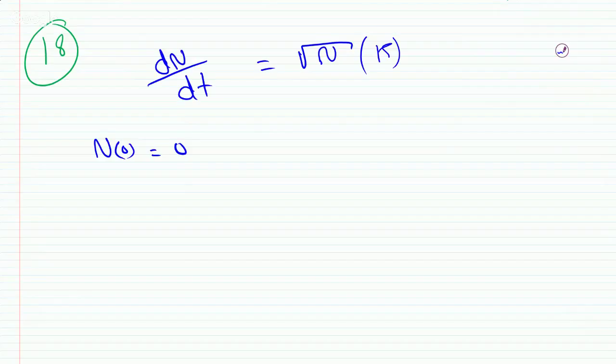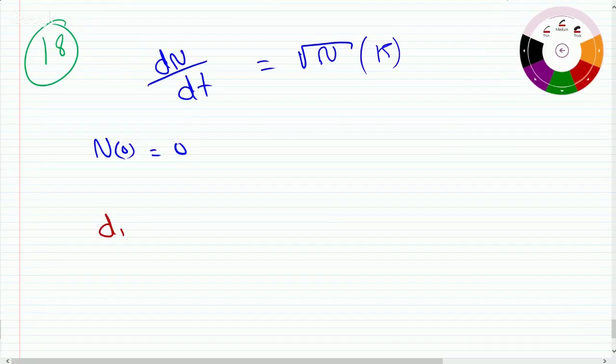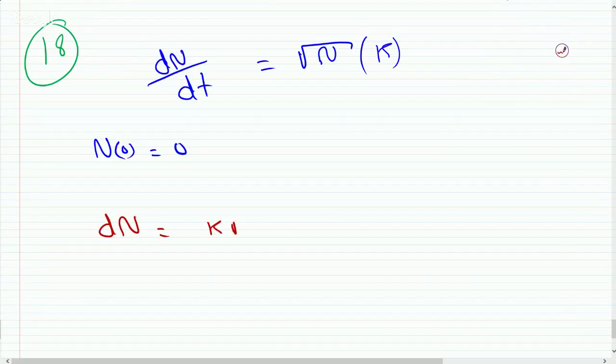Well, let's try separation of variables and see what happens. So dn equals k root n dt. Divide both sides by root n to separate: n to the minus half dn equals k dt.